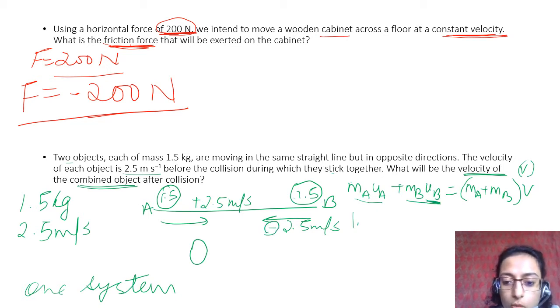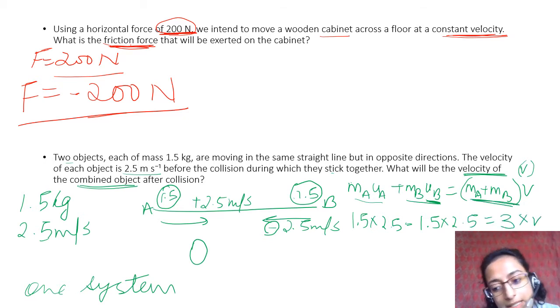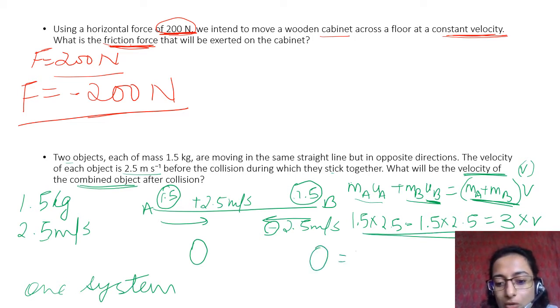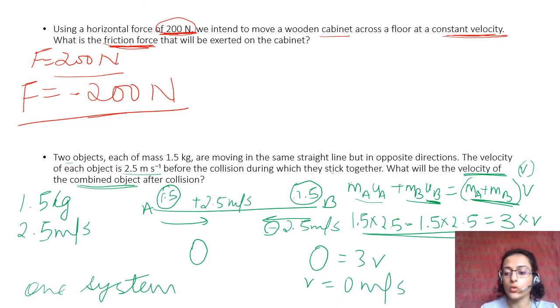So 1.5 into 2.5 minus 1.5 into 2.5 is equal to, what is the total mass? 3 kg into V. Simple, it becomes 0 is equal to 3V, V is equal to 0. The objects come to rest, the combined velocity becomes 0, right?